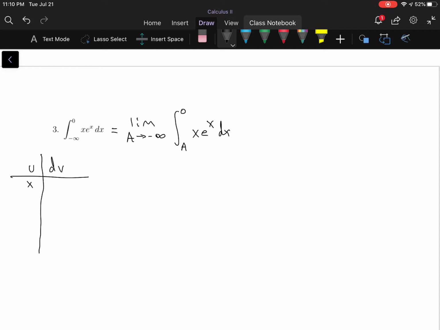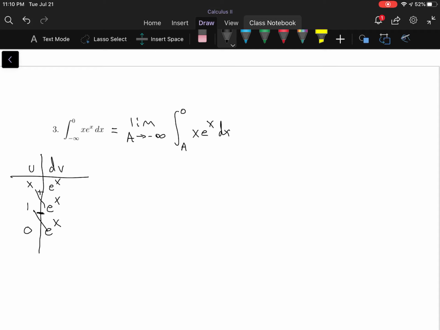So I've got x and e to the x for my dv. The derivative of x is 1, and that derivative is 0. The integral of e to the x is e to the x, and the integral of that is still e to the x. And so if you haven't seen this before, the first cross product is going to be positive, the second one will be negative, and if you need more, it would keep alternating.